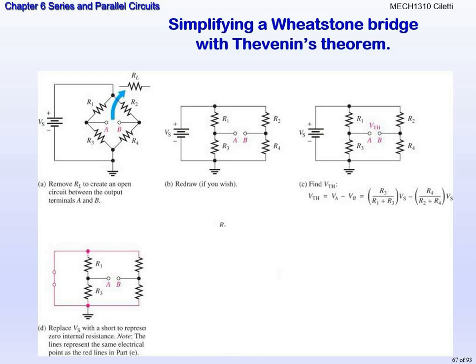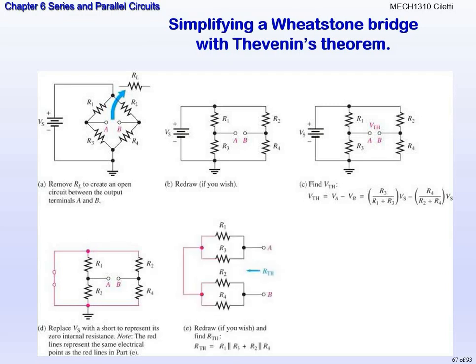Then what do we have to do? Short the voltage source. So we're shorting Vs. And we have to find the relationships between the resistors. So we can see that R1 and R3, how are they related? They're in parallel. R2 and R4, how are they related? They're in parallel.